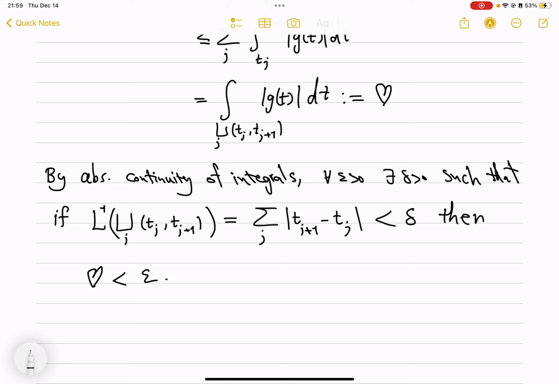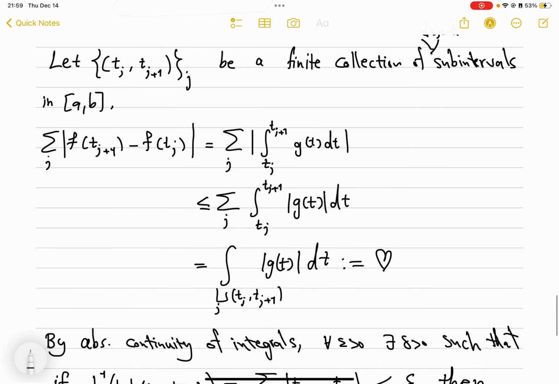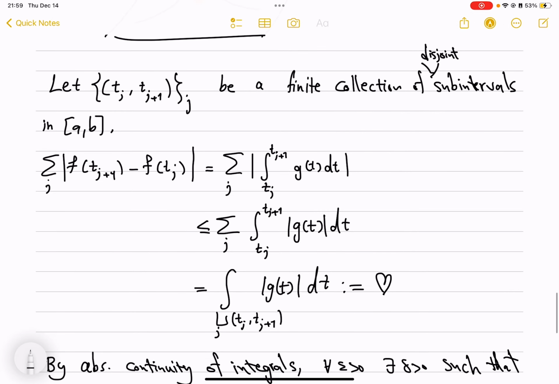So for every epsilon, there exists such delta by absolute continuity of integrals, since the integral of the absolute value of g over the whole interval [a,b] is finite. And this is exactly what we have for the definition of absolute continuity.